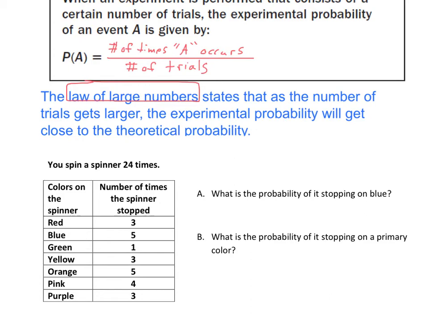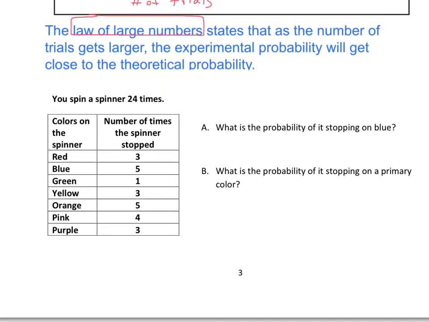Let's look at a quick example here. You spin a spinner 24 times. Alright, right there is the number of trials. That's going to be the denominator in our probability. We want to find the probability in part B here of landing on a primary color. Well, the primary colors, of course, are red, blue, and yellow.